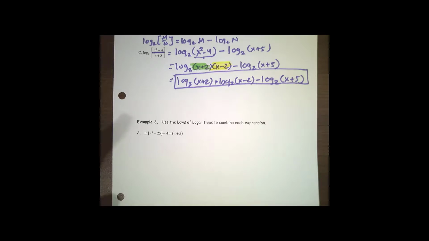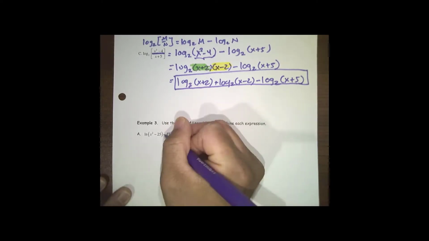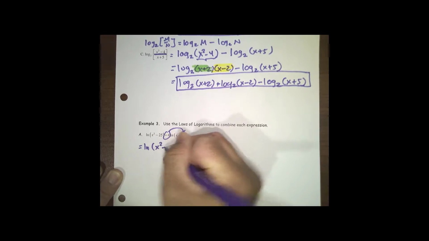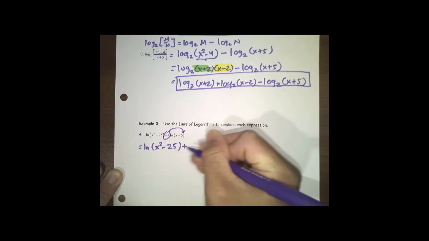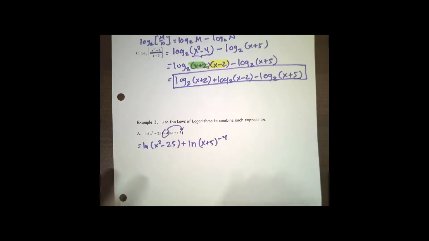You can bring up the 4 or the minus 4, it doesn't matter. But if I bring up minus 4, I have natural log of x squared minus 25 plus natural log of x plus 5 to the negative 4 power.